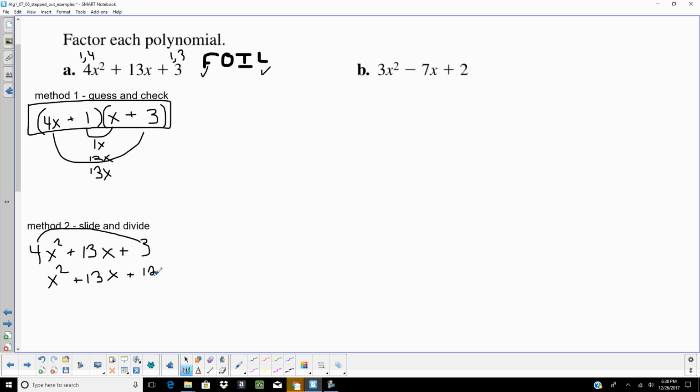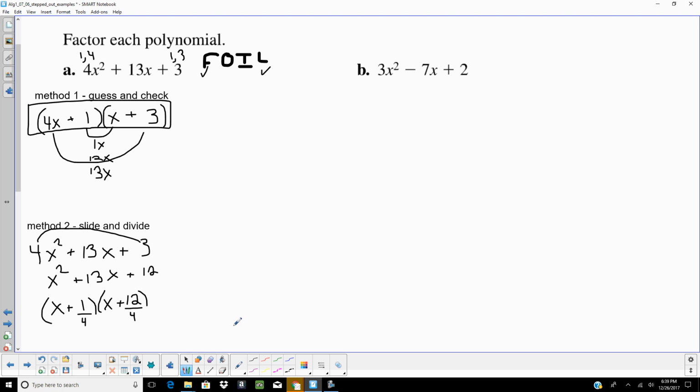Look for two numbers that multiply to 12, add to 13. Well, those two numbers are 1 and 12. And right about now, you're probably going, hey, that doesn't match up with what we got in the first answer. You're right, it doesn't. Well, we multiplied by 4. Now we have to do the opposite. We have to divide by 4.